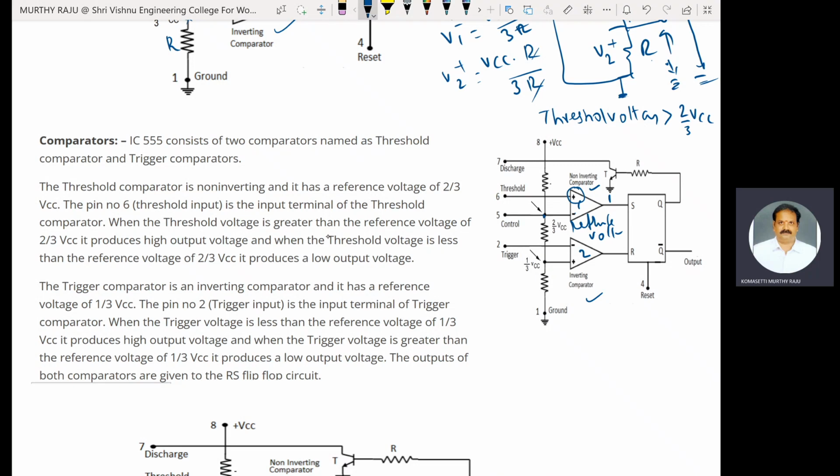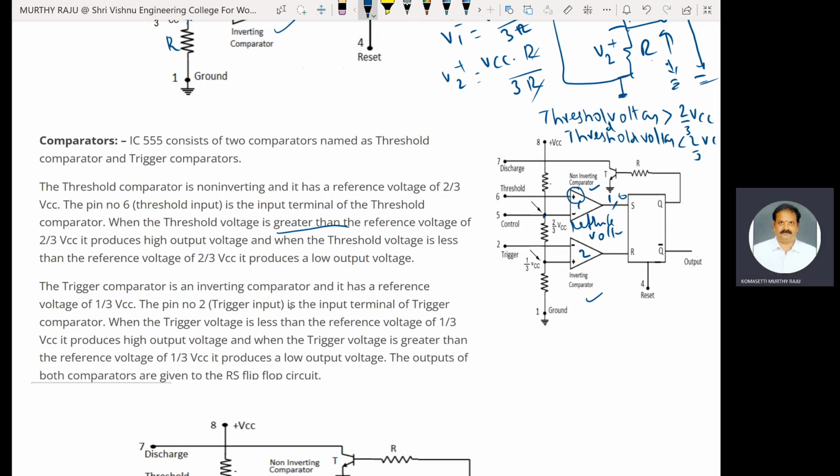When the threshold voltage is less than the reference voltage 2/3 VCC, it produces low, that is 0.